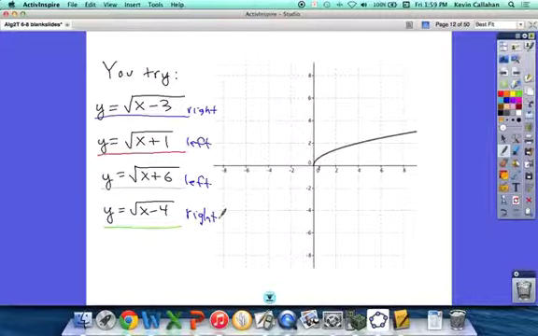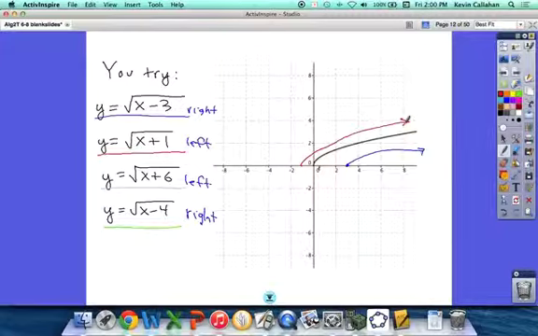So let's see. Right 3 would mean go to 3 to the right and kind of repeat the shape. This is going to be 1 to the left. Repeat the shape. Oh, I wanted to change colors on that. That was a 1 to the left? Yeah.